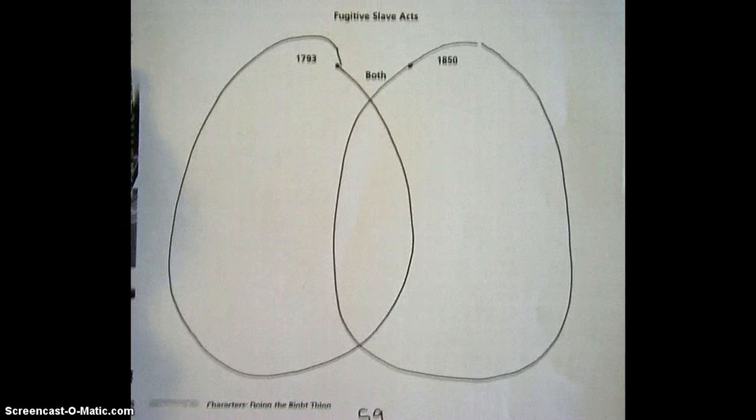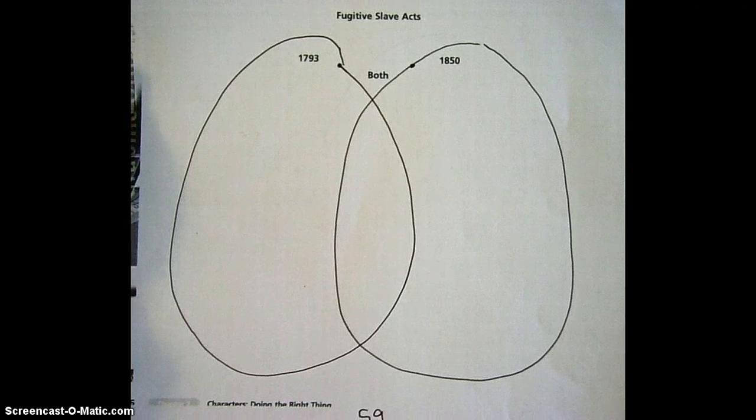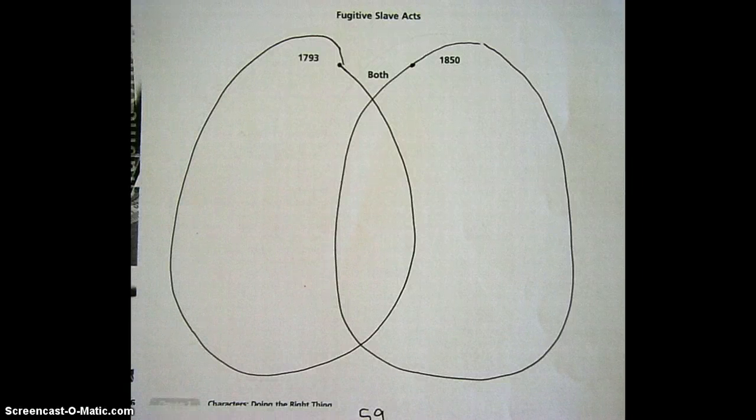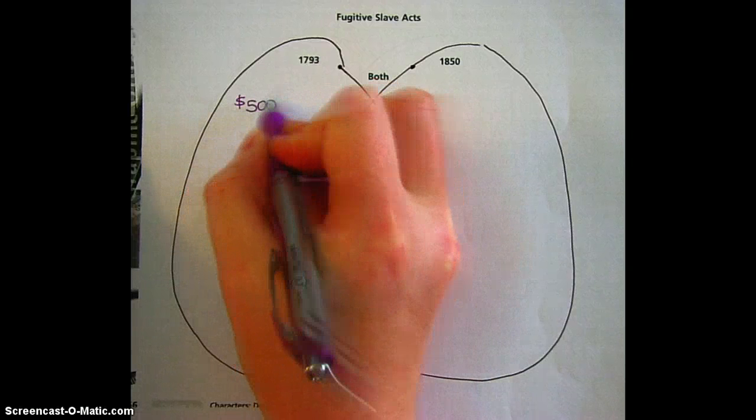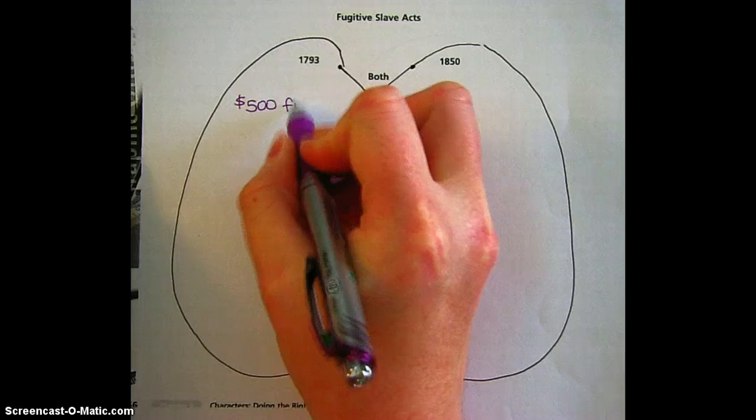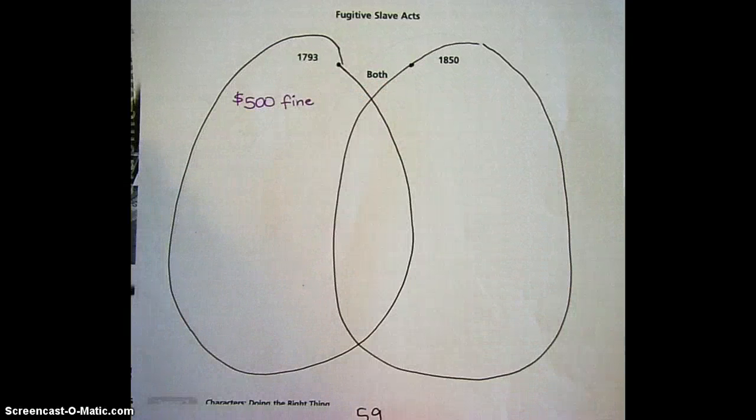Okay, so I'm going to do this one with you. We're going to take some notes, so we are good to go the next couple of days. 1793. This act, I shouldn't say rewarded people, it was a fine.